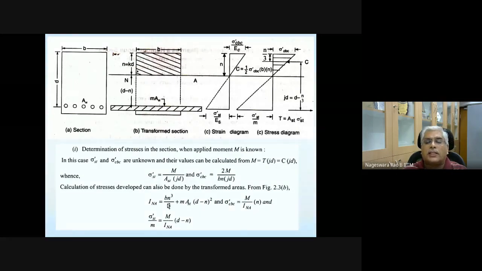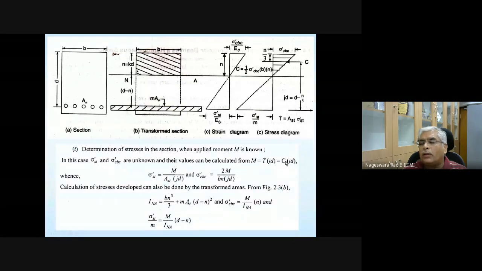What are the stresses developed in the steel? You can back calculate. What is the extreme fiber stress in compression in concrete? That also you can find. Here T is equal to AST multiplied by sigma prime ST. If you rearrange it, you are going to get this one.